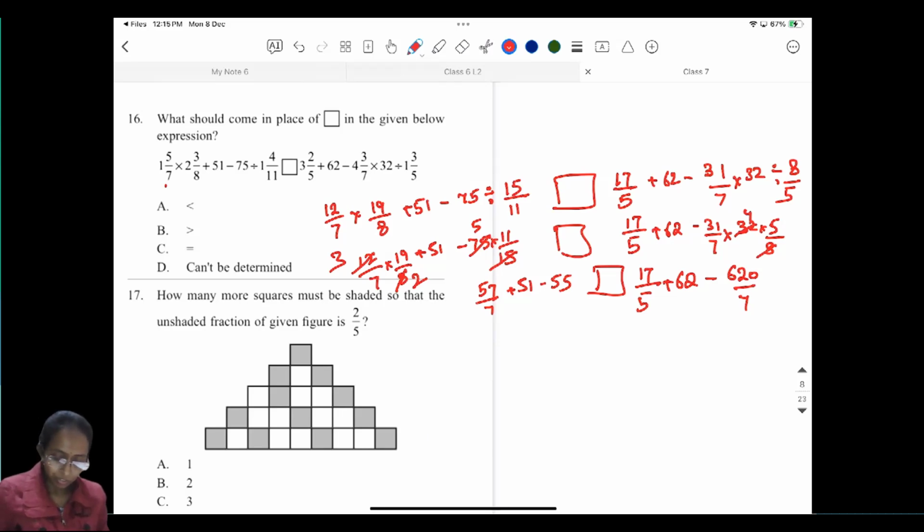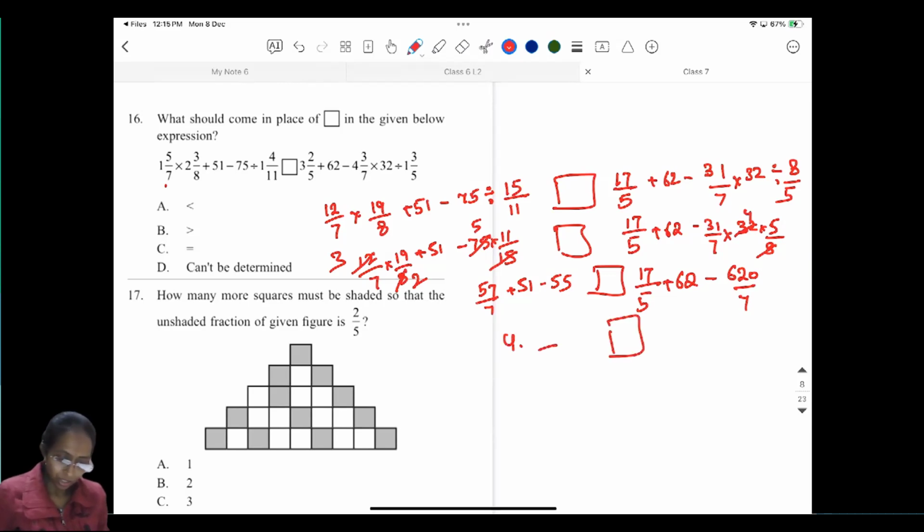LHS and RHS. 57 by 7, which is approximately 8 point something, plus 51 and minus 55. This is giving us 4 point something as the resultant.